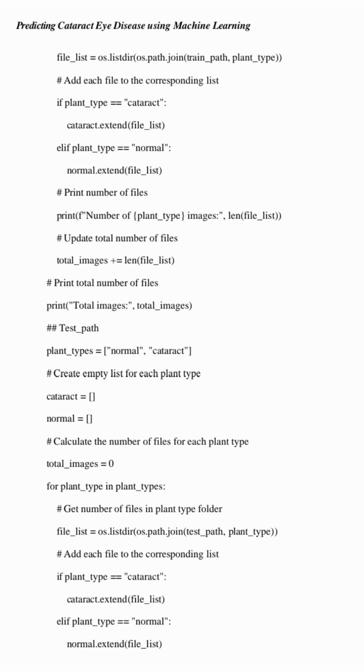We have to calculate the number of files for each plant type. Next, we get the number of files in the plant type folder, using the file list from os.listdir. Next, we add each file to the corresponding list: if plant type is cataract, we use cataract.extend; if it is normal, we use normal.extend.